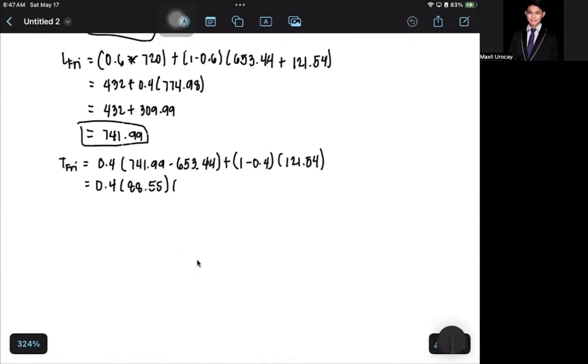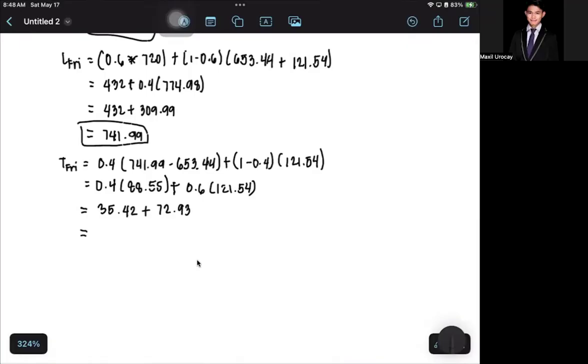Then plus 0.6 times 121.54. 0.4 times 88.55 will become 35.42, plus 0.6 times 121.54, that will equate to 72.93.